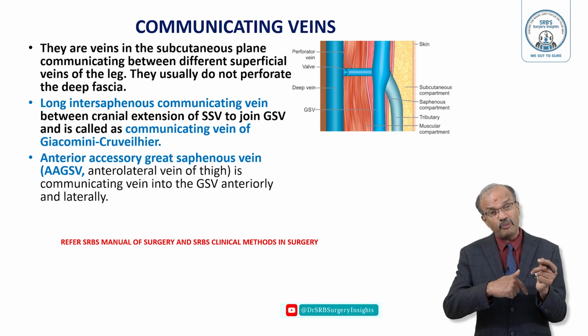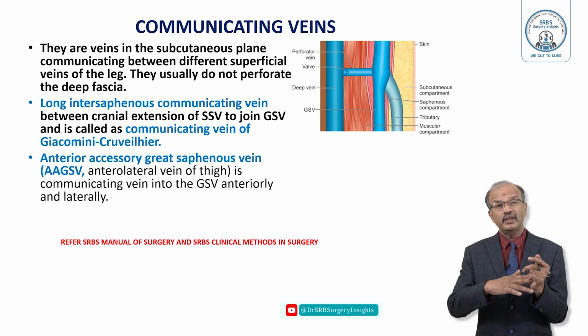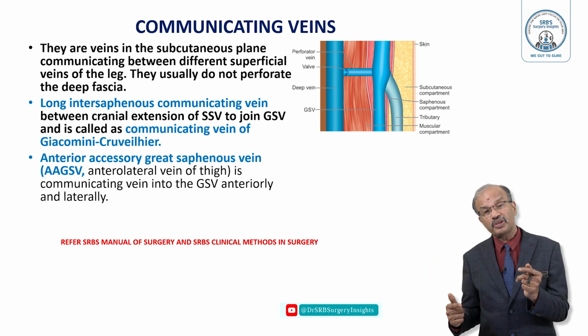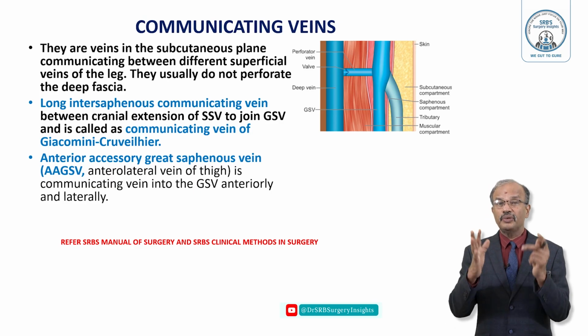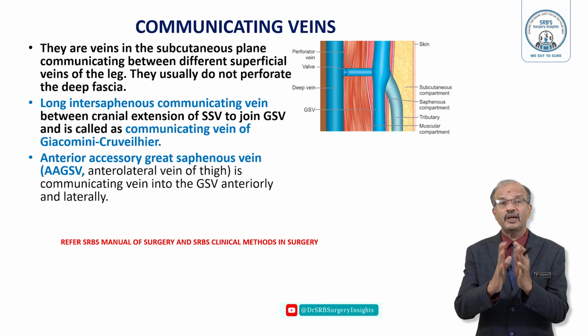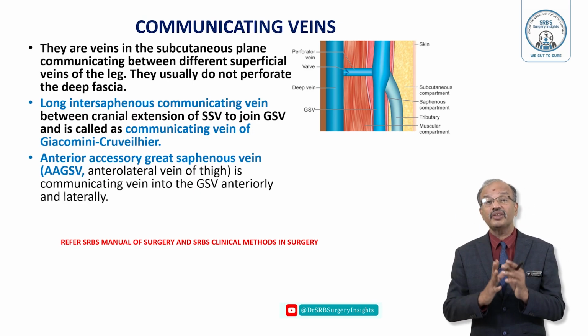Sometimes there is a communicating vein of variable length, often named, often unnamed, between the short saphenous vein and long saphenous vein, or between the posterior arch vein and the long saphenous vein, or between the posterior arch vein and the short saphenous vein. So in the saphenous compartment or superficial venous system, veins may communicate from one to another. They are called communicating veins.